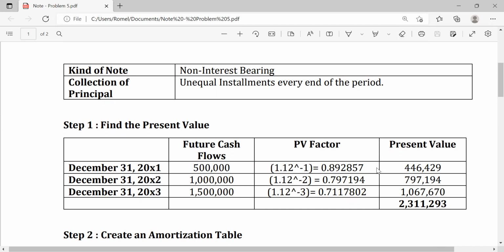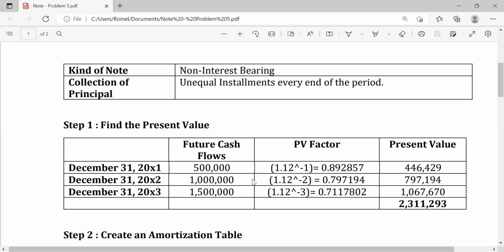So the PV factor here is 0.892857. So ang gagawin natin, 500,000 times 1.12 raised to negative 1. The present value is 446,429.